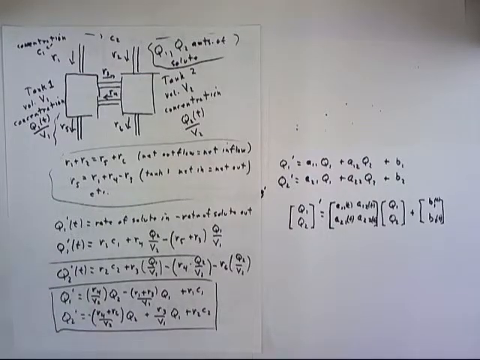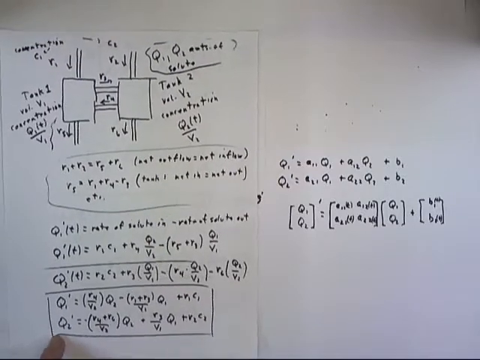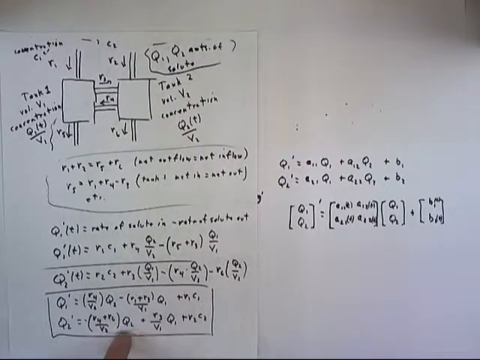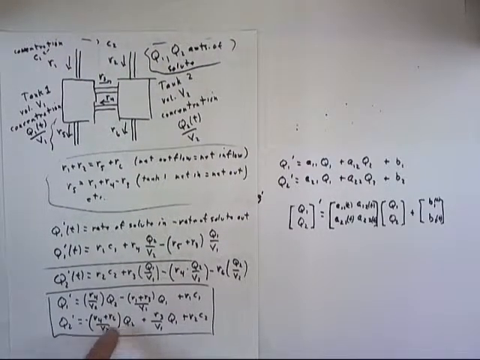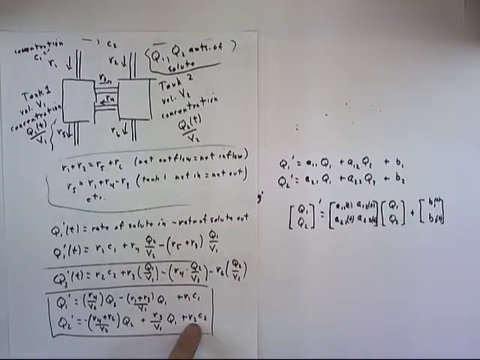The equations that we get, then: Q1 prime could be some function times Q1 plus another function times Q2. Q2 prime, some function times Q1 plus another function times Q2. And we could have even another function on here that isn't dependent on Q1 or Q2.